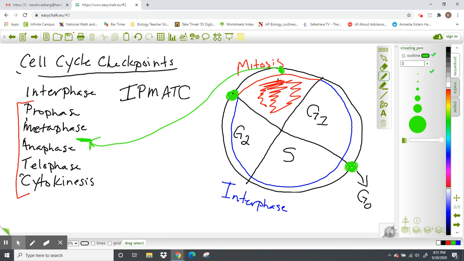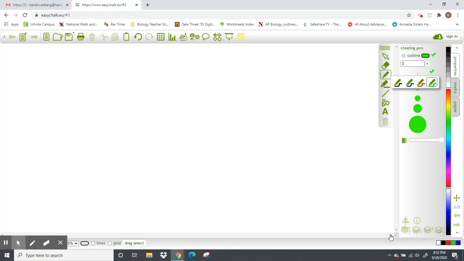But with these checkpoints, it is regulated by two things, essentially two proteins. One of them is called cyclin, and the other one is what we call a cyclin-dependent kinase.